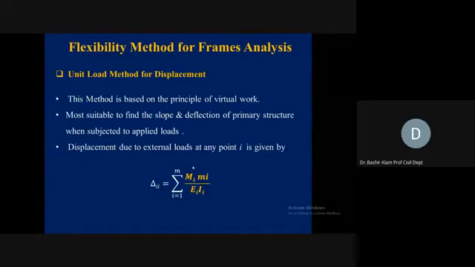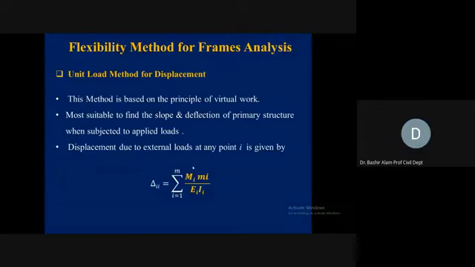What is the capital M? These are the moment equations in the released structure when it is acted upon by the actual loads. And what is the small mi? When this basic determinate structure or released structure is acted upon by the unit loads corresponding to the redundant actions turn by turn.